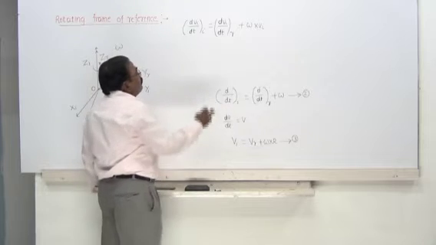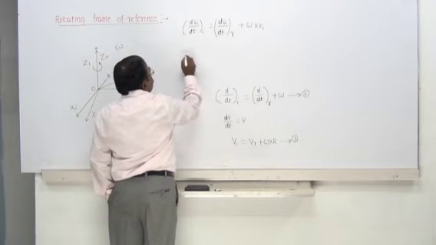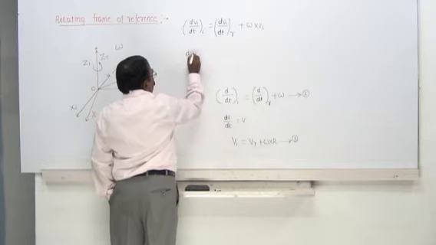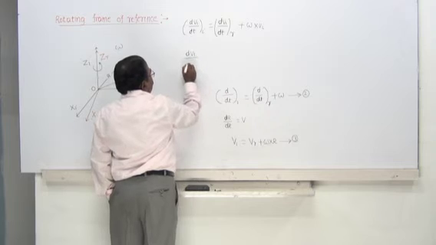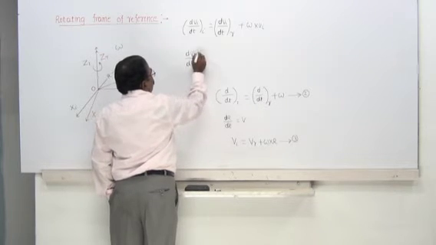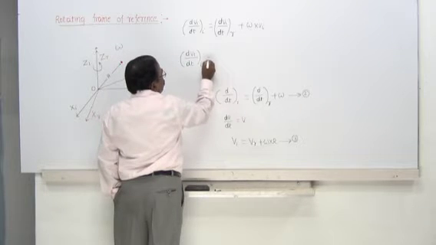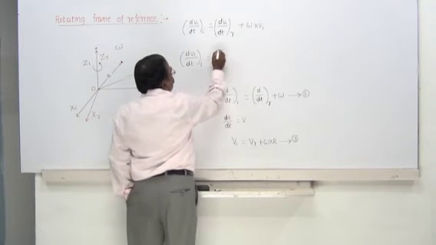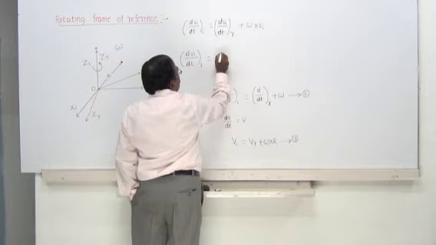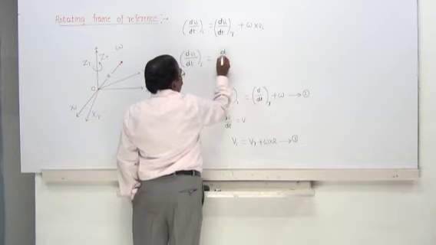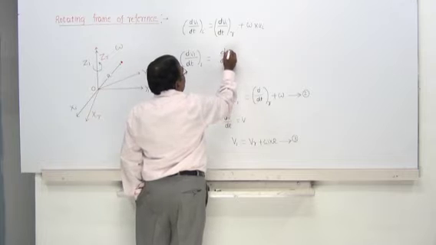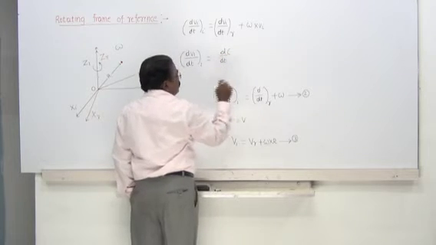So this is dVi upon dt I is equal to d upon dt of what is Vi here?